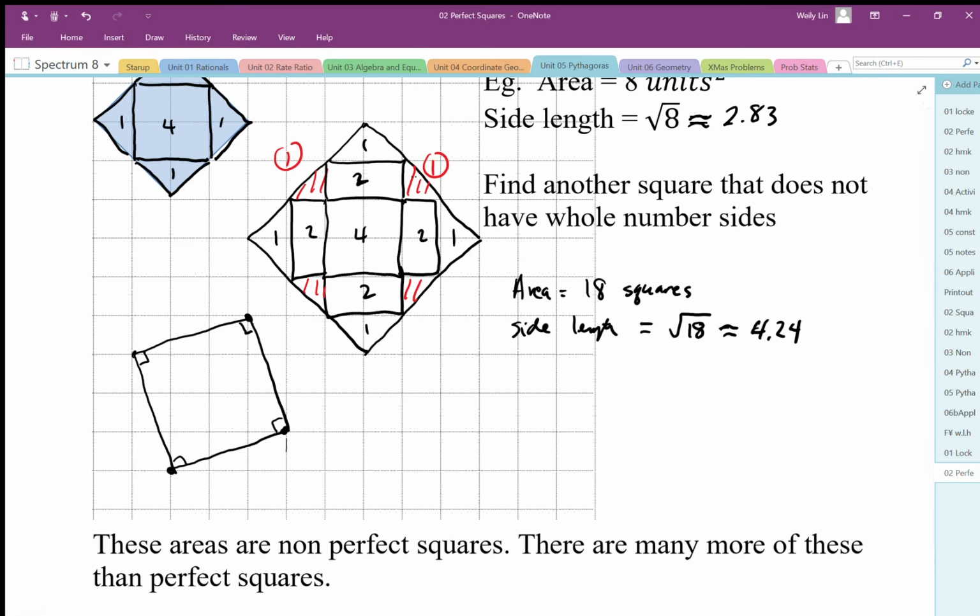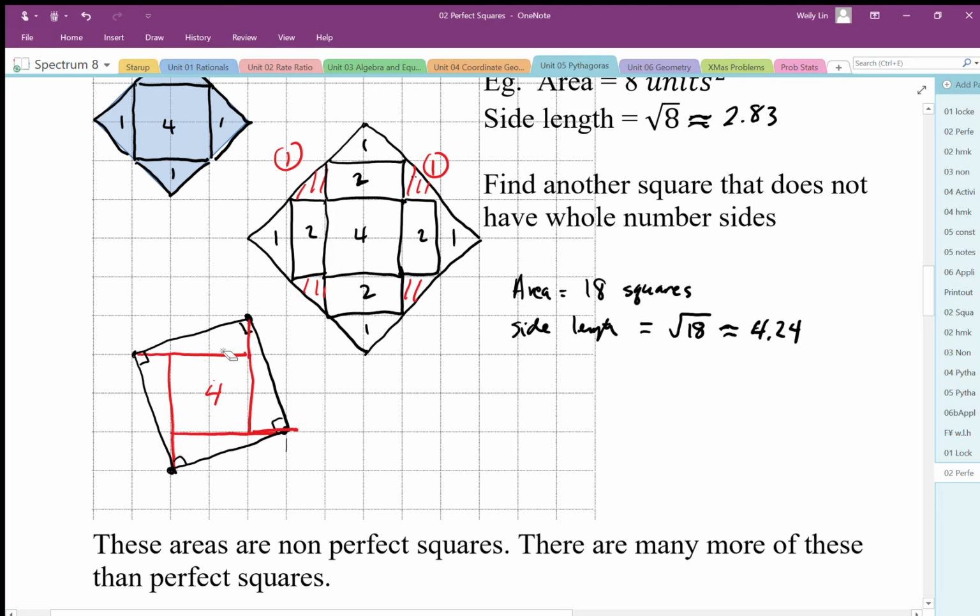So this is a harder version of a non-perfect square. So I need to add up the area here, and this is how we're going to break up the area. I'm going to use that 1 and 3 length and make a 1 and 3 triangle. So we end up breaking it up into 4 triangles here, and we know how to find areas of triangles.